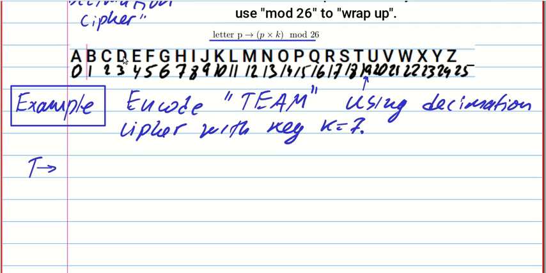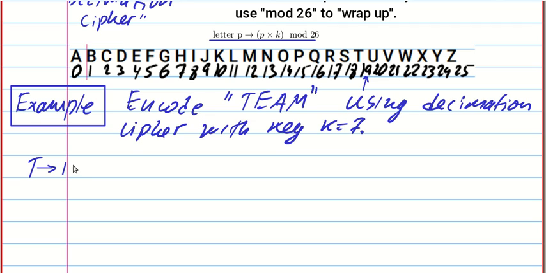1, 2, 3, 4, 5, 6, 7, 8, 9, 10, 11, 12, 13, 14, 15, 16, 17, 18, 19, 20, right? So position 19 equals value 20 in the count, because we start counting from 0.